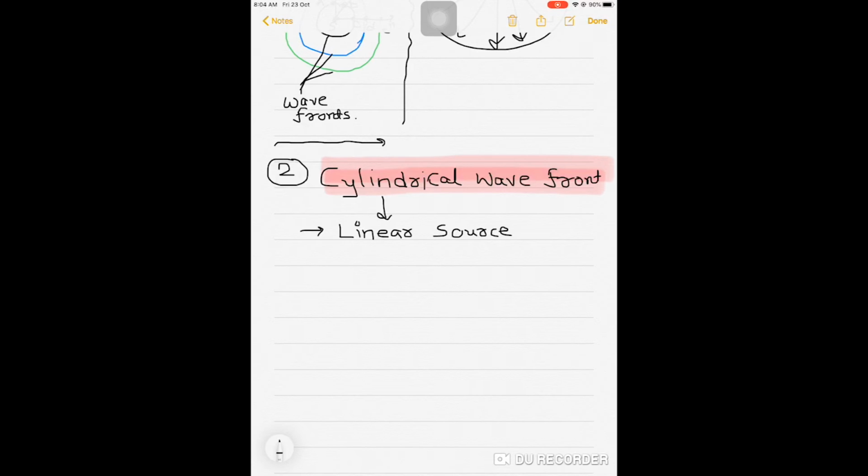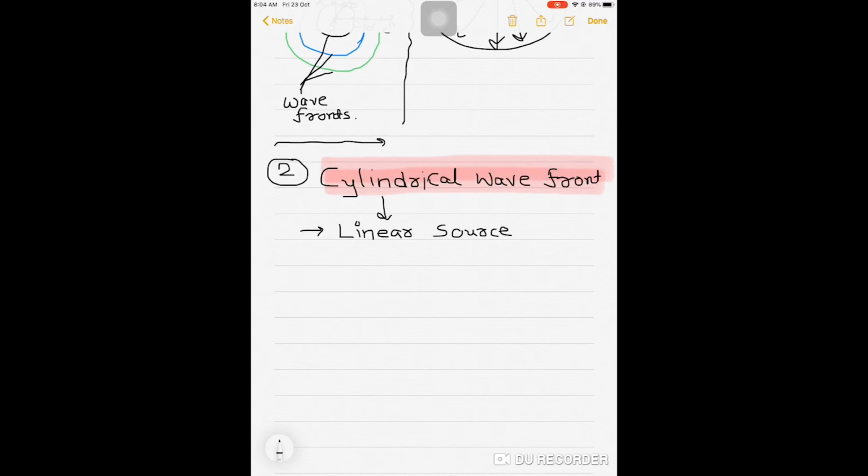Suppose a fine regular slit. The wavefront is cylindrical in shape. This is because the locus of all such points which are at equal distance from the linear source will be cylindrical.